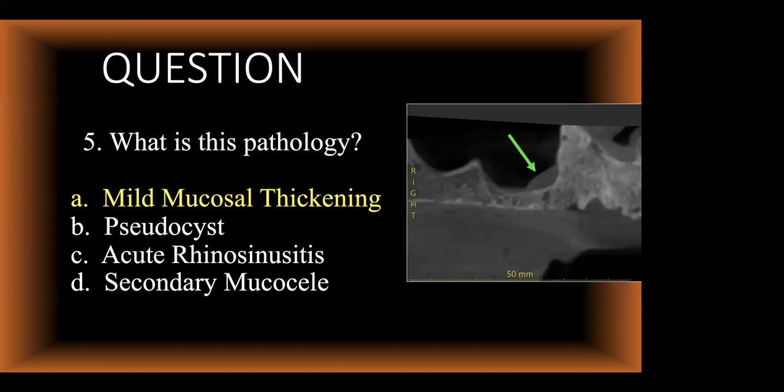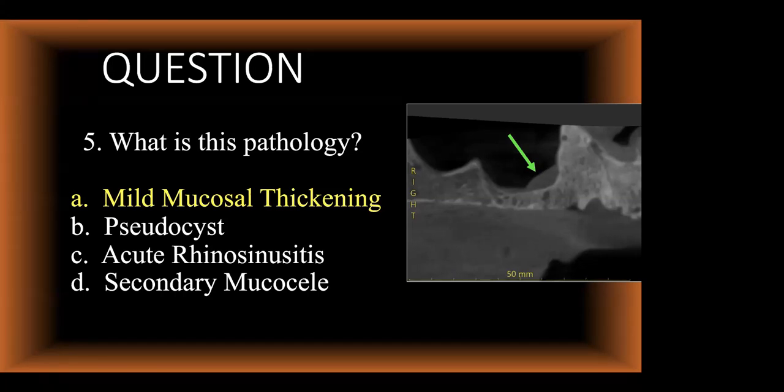Most likely not. We're going to talk about acute rhinosinusitis, but that is where the patient would be having a lot of pain, difficulty, swelling, and you would have what is called an air fluid level, which would mean the sinus would be filled up with exudate or pus. And a secondary mucocele is a mucocele that's inside the sinus.